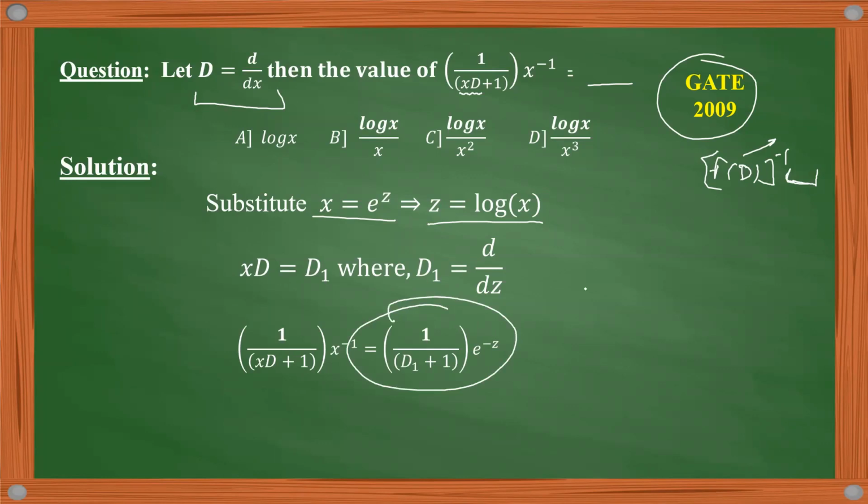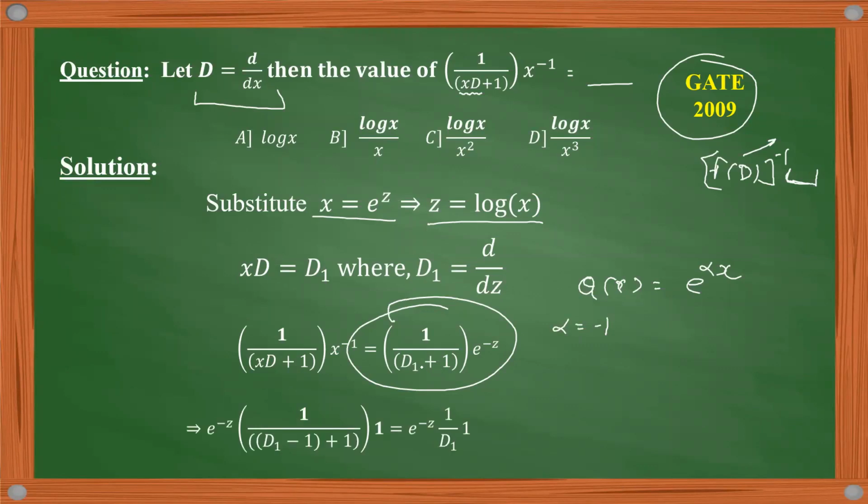It is the case when Q(x) is of the type e power alpha x. So we replace this D by alpha. Here the value of alpha is equal to minus 1. But if we replace D1 by minus 1, it becomes 0. So again, we have its solution.